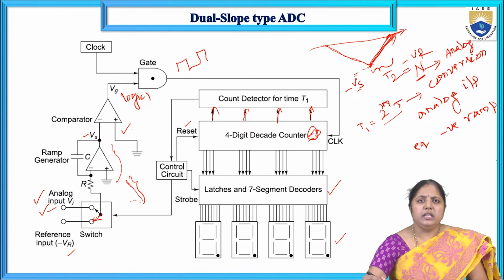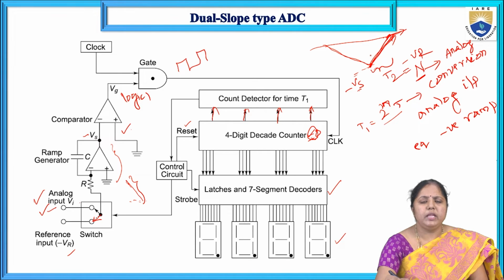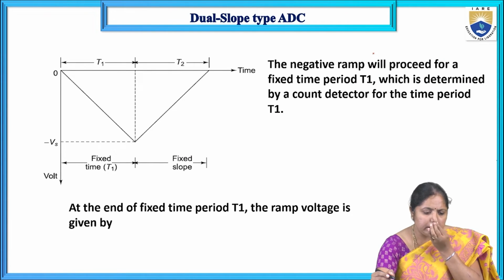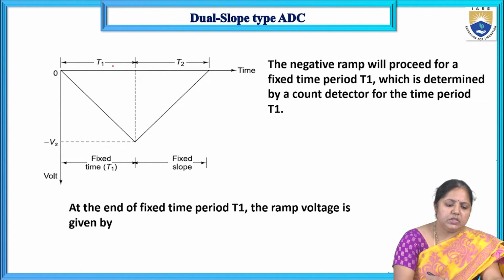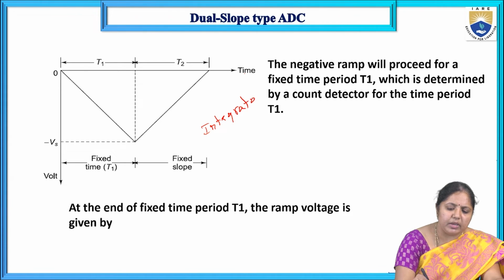Now, let us see the output waveform of the integrator circuit in the dual slope form, and bring in one relation in terms of the time period. This is the plot of time versus voltage, and it is the integrator output plot, because the integrator is the main component.